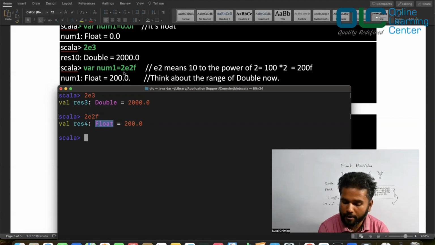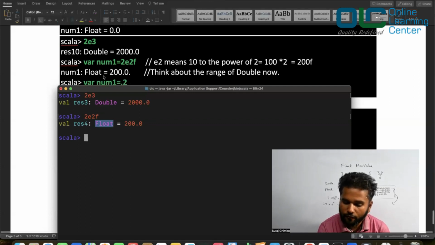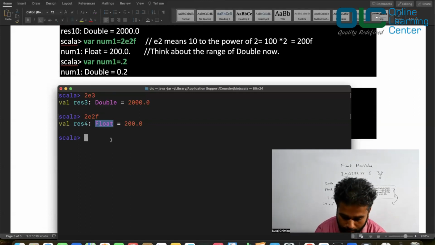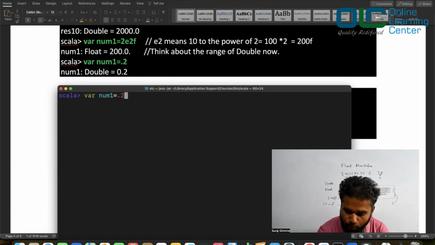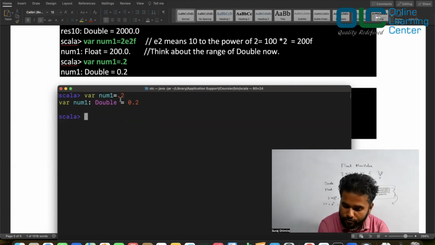So you should not be confused when you see a statement like this. 2e2f is 200.0, but it is of float type. Similarly, what if I write var num1 is equal to just 0.2? If you say 0.2, it is understood that it is 0.2. And since you have not written f, by default it is double.